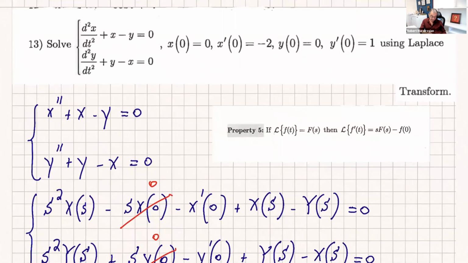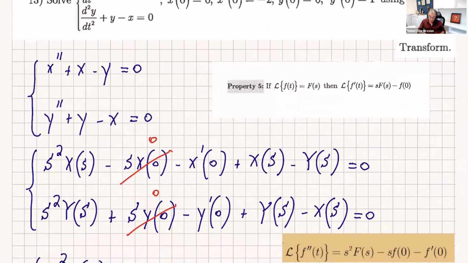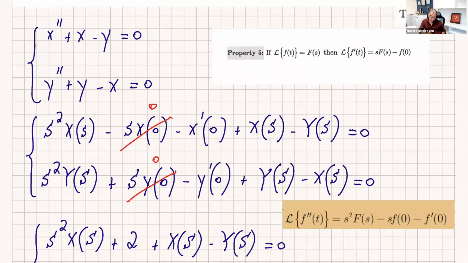So we can write this as x double prime plus x minus y equals 0, y double prime plus y minus x equals 0. But how can we write x double prime? It's just s squared times x of s minus s times x of 0 minus x prime of 0.